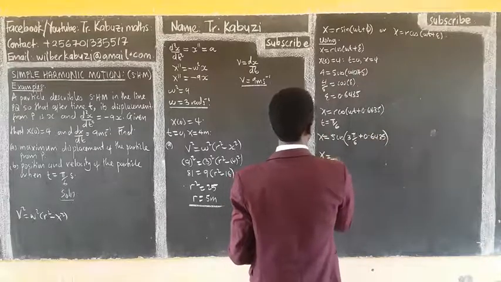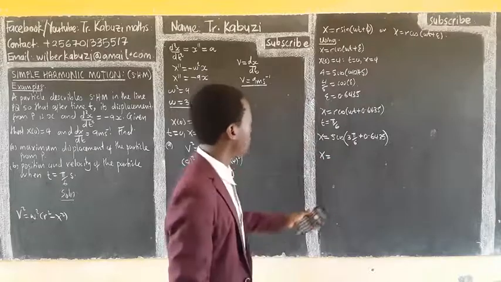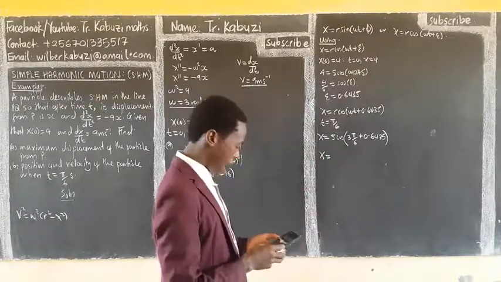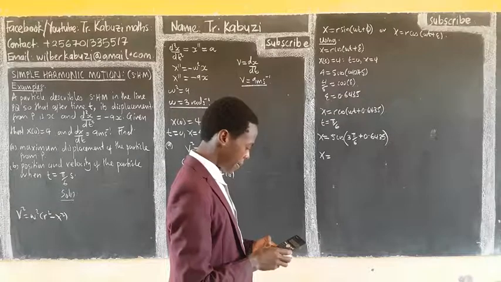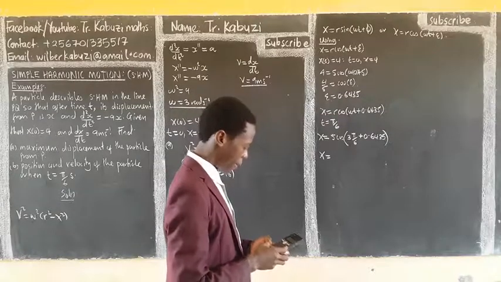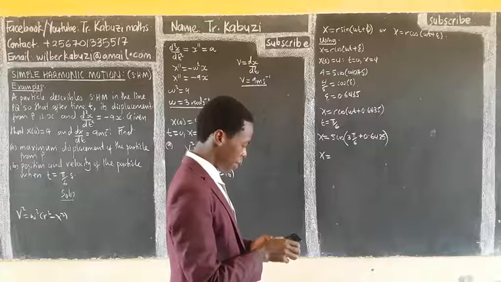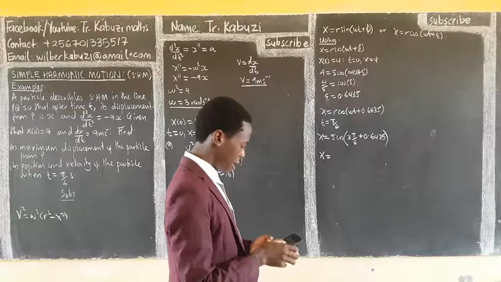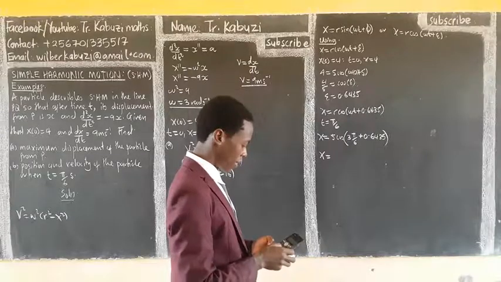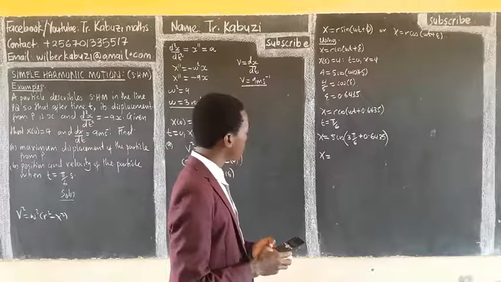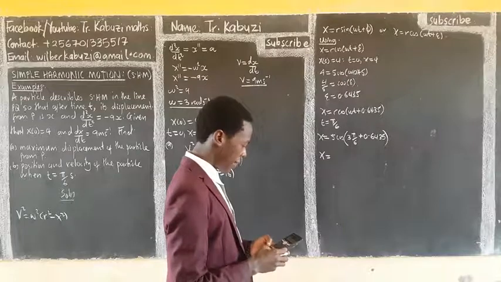When I put this on the calculator, this is going to be pi divided by 2, then plus 0.6435. Sorry, this is plus. Then cos of the answer, then times 5.